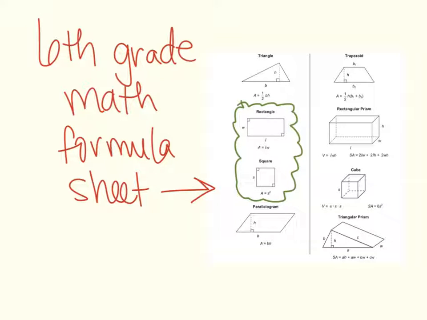One thing that I do want to mention is that the area formula for a rectangle can also be used to find the area of a square, because a square is a type of rectangle. It fits the description of a rectangle, so you can use the same area formula. If you don't have your formula sheet out, you may want to get that out now so that you can refer to that a little bit later when you have to work on your own examples.